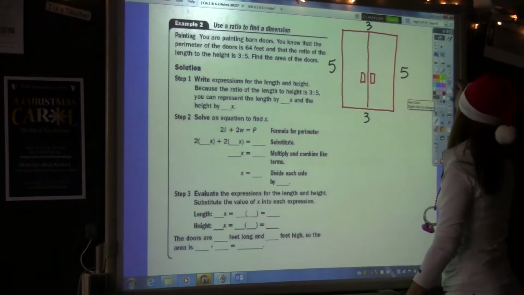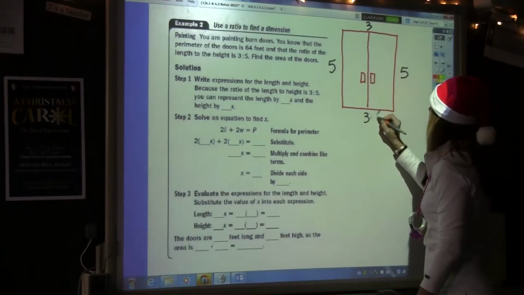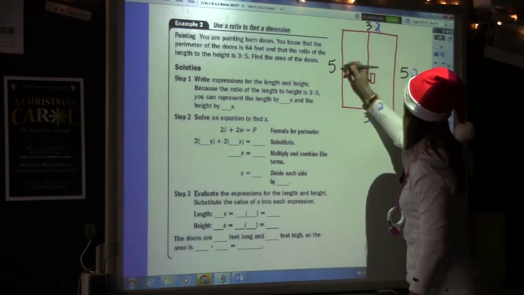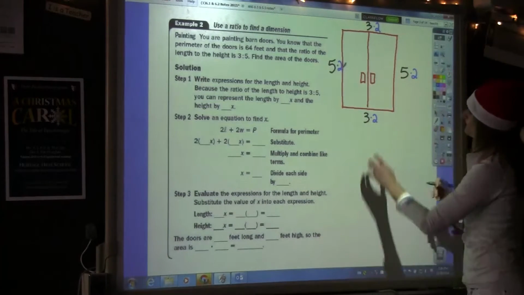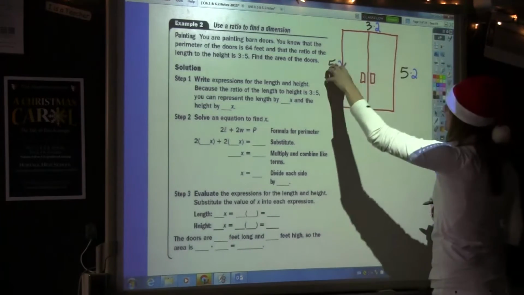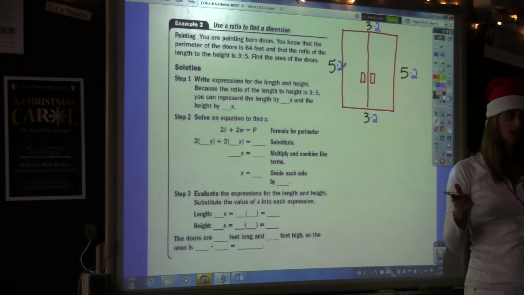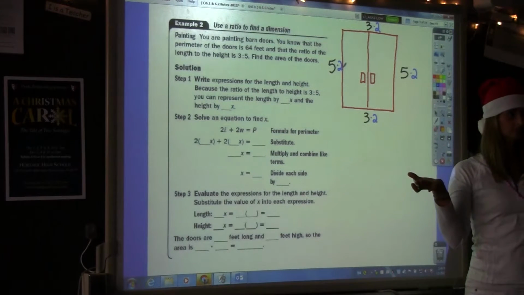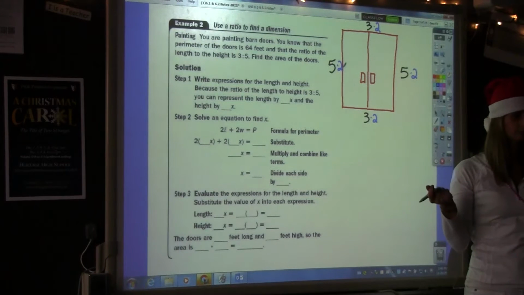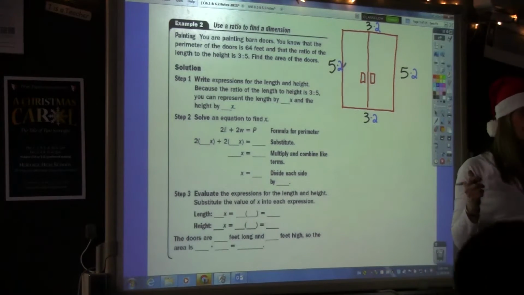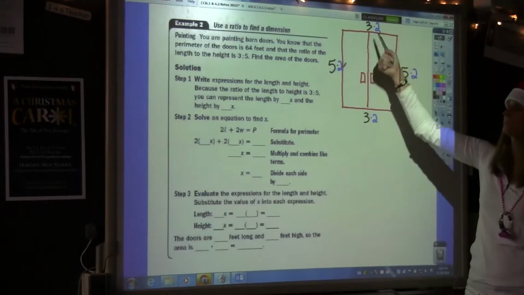Okay, what about the number 2? What if we just used the number 2, kept the same ratio, 3 to 5, made that 6, that 10, that 6, that 10. Are we going to get 64? You might. We'll add it up. Six plus 10 plus 6 plus 10.